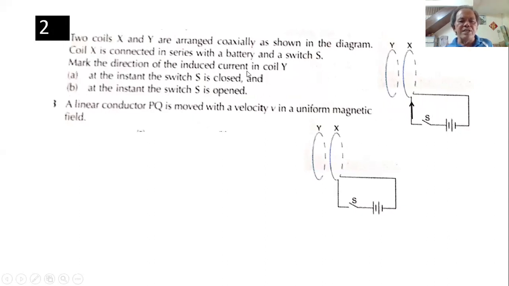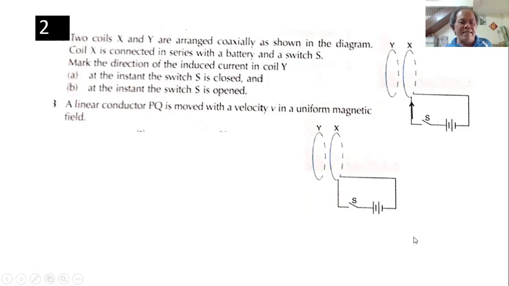Mark the direction of the induced current in Y at the instant the switch S is closed. So S is closed, that's positive, so the current is going to flow this way. If you look at it from the right, it's going to be clockwise.